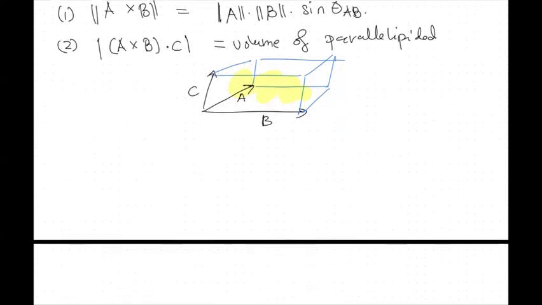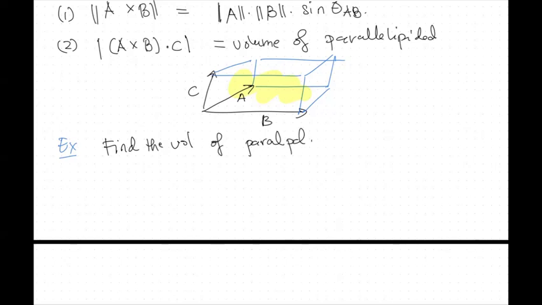Now let us consider this example. Find the volume of the parallelepiped, I'm abbreviating because it's hard for me to spell out the long word, determined by the following points.